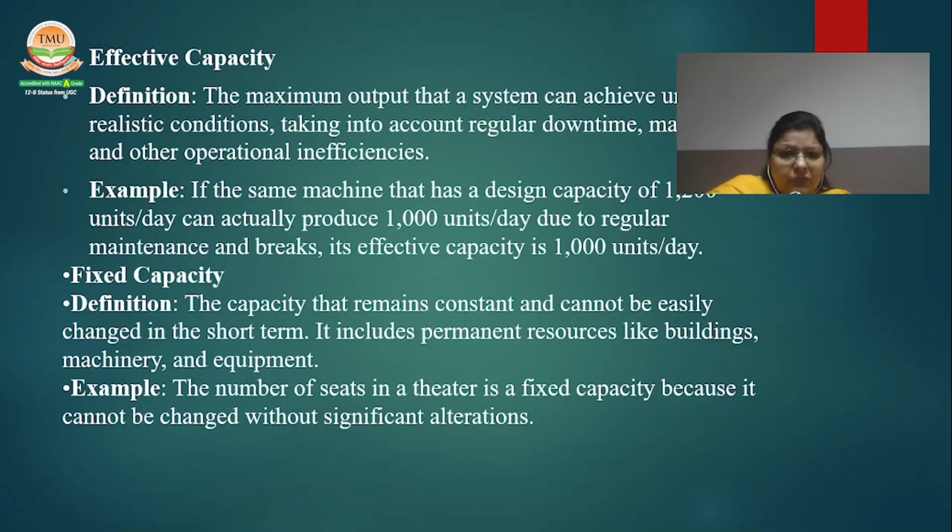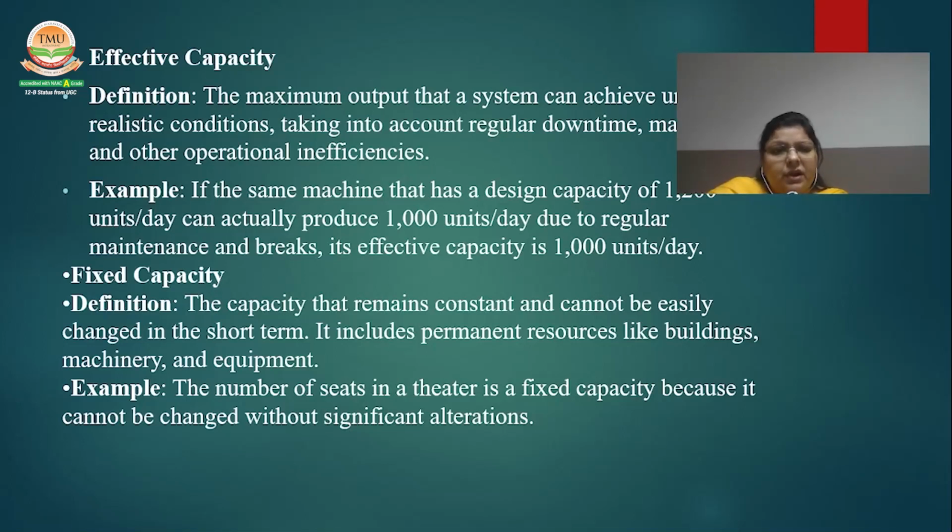It includes permanent resources like a building. A building has the same capacity every day, because it will not change day by day. The machinery and the equipment will not change each and every day. So this is called your fixed capacity. You have that kind of resources available for your particular production.